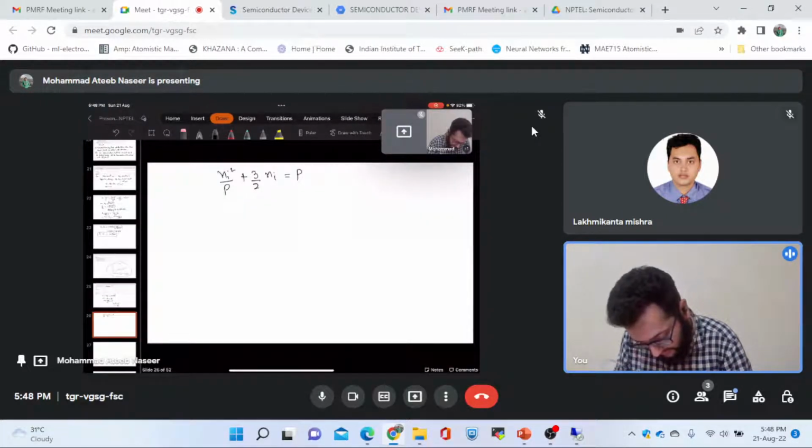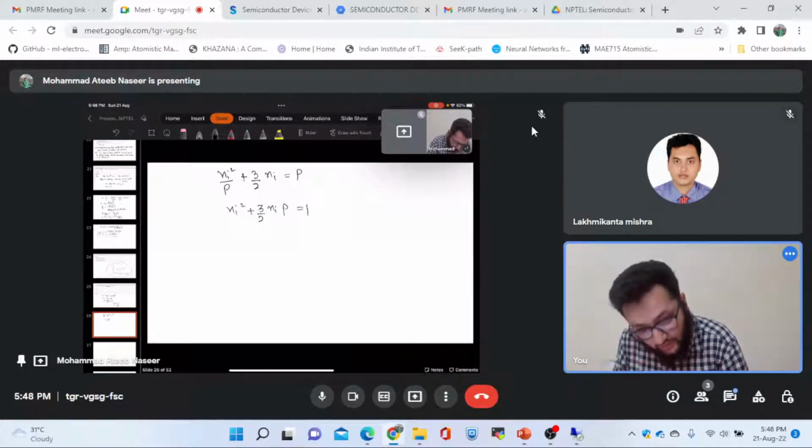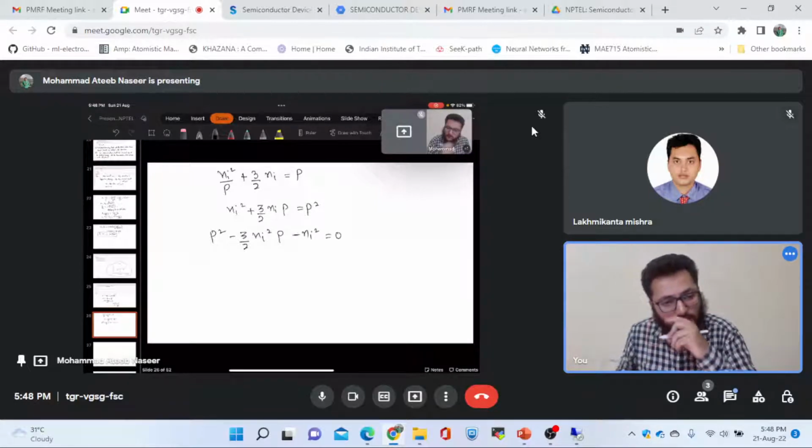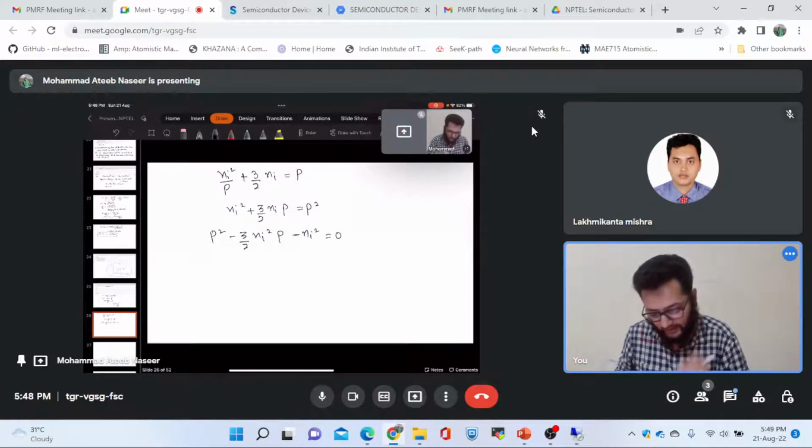So it will be Ni squared plus 3 by 2 Ni into P is equal to P squared. So it will be P squared minus 3 by 2 Ni into P minus Ni squared equal to 0. So this is simply a quadratic equation.